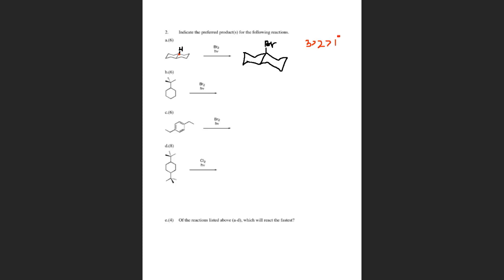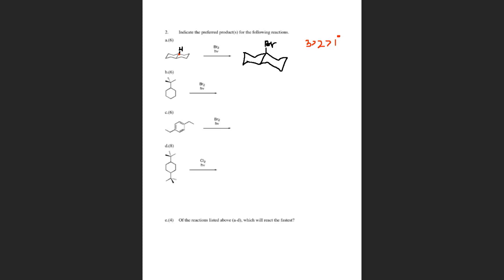So if you look at all the hydrogens on this molecule, there's a lot of secondary hydrogens, right? But then right here there is a tertiary hydrogen. Hence, we can replace that tertiary hydrogen with the bromine. Did that make sense?